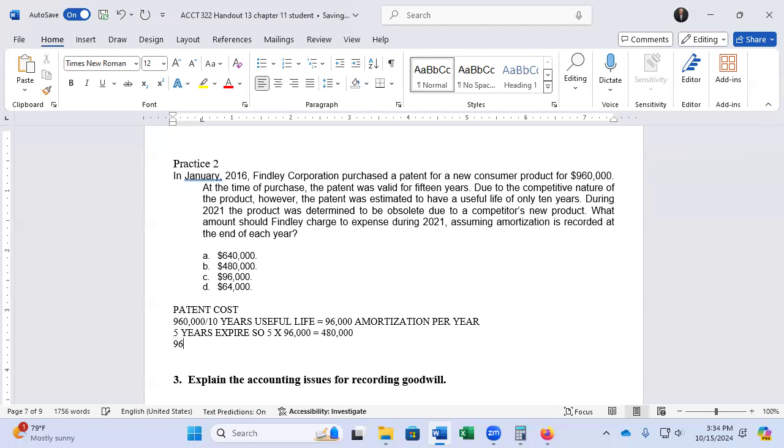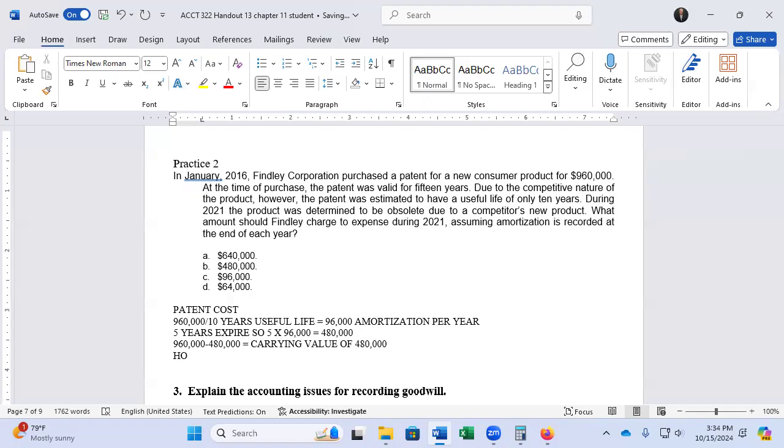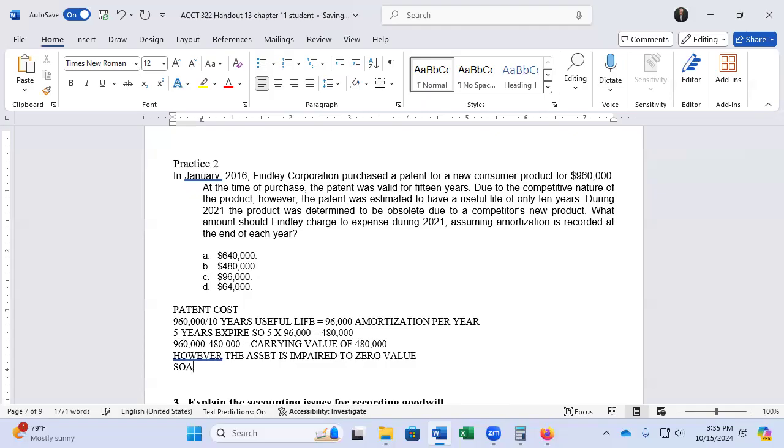And so 960,000 minus 480,000 equals a carrying value of 480,000. However, the asset is impaired to 0 value. So all 480,000 would be expensed.